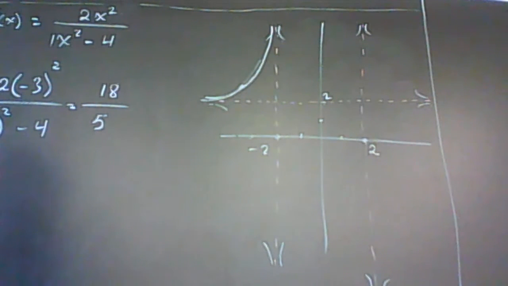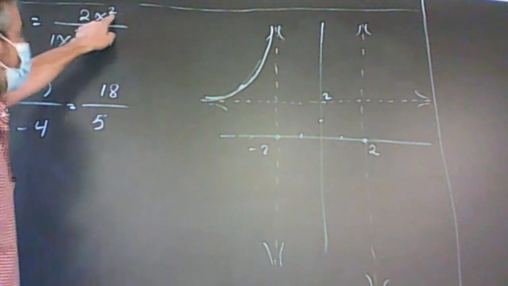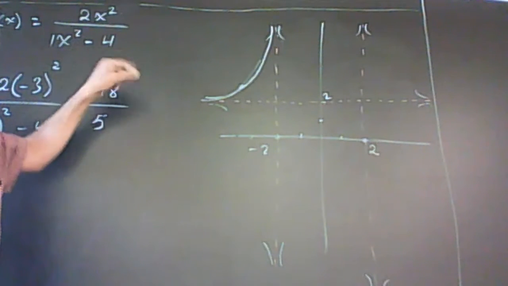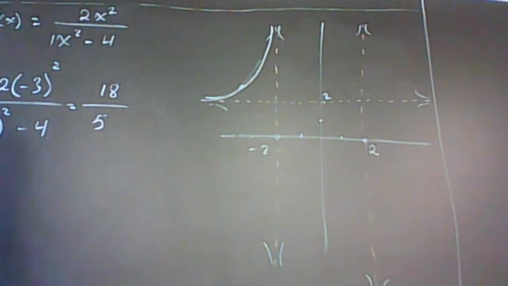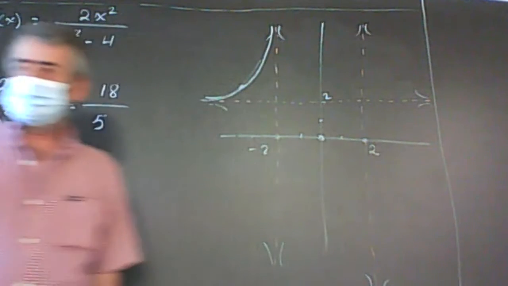I can take 1 point. Let's pick a point. Say 0. Okay? If I choose a 0 for x, on top we end up with 0. 0 divided by a number is going to give me what? A 0? Yes? So this point is on the graph.